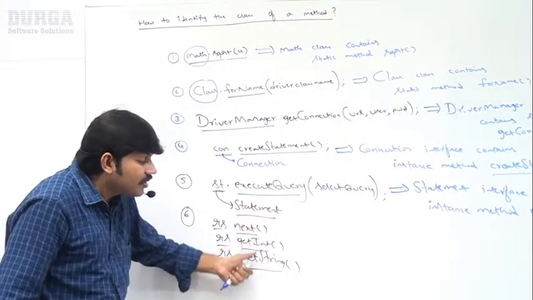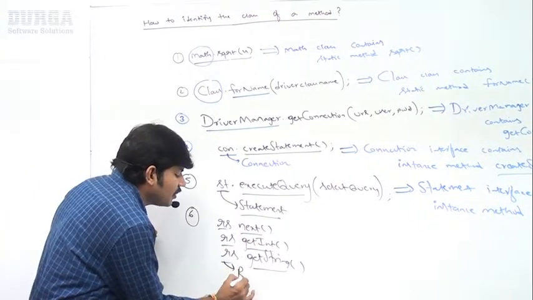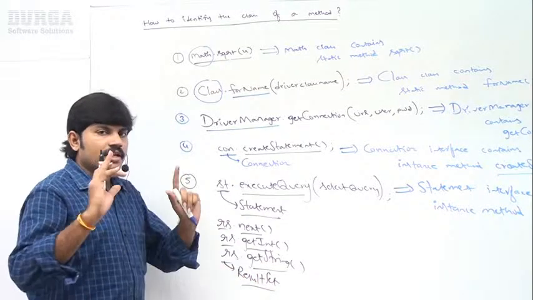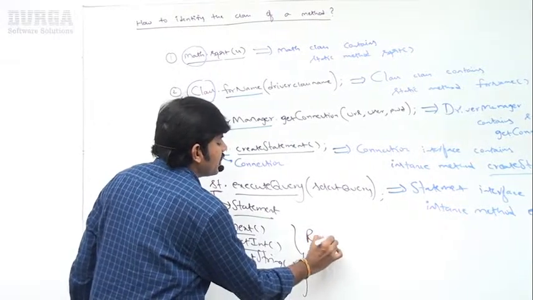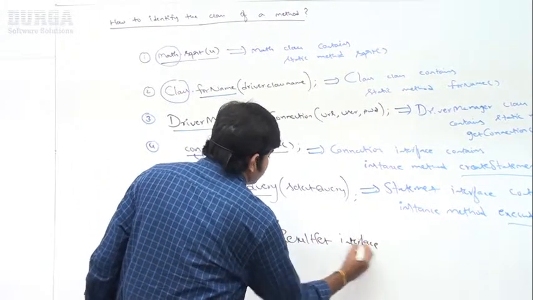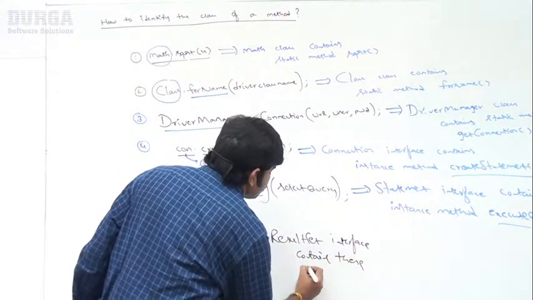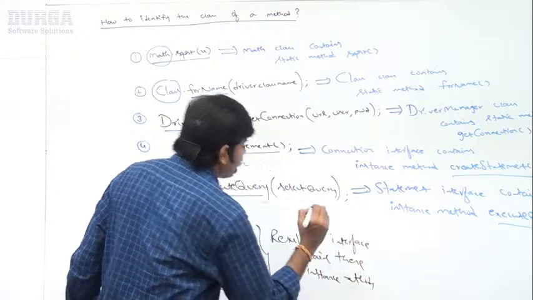That's why all these methods are instance methods. This rs is what type, sir? Result set. That's why the result set interface contains these instance methods, right? Remember this one. I hope everyone can able to understand, right?